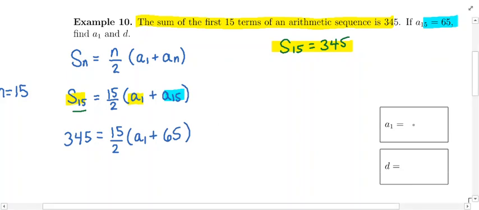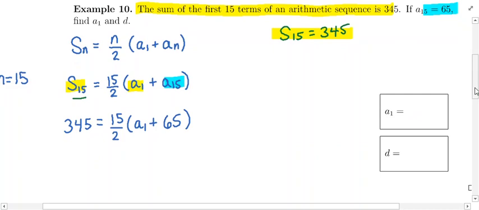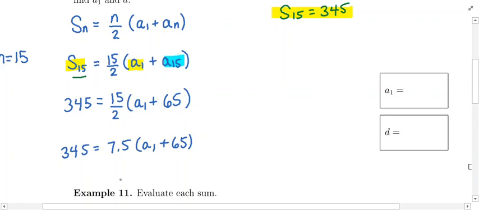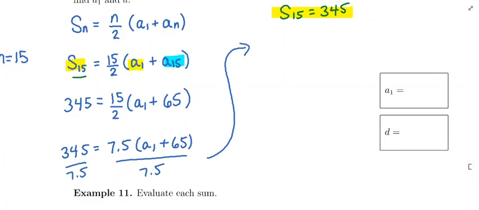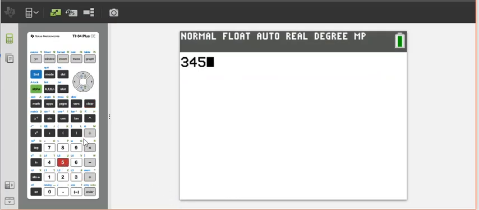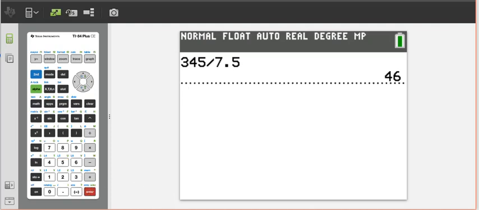All right, so let's get A1 by itself. This is going to be 345 is equal to 15 halves, which is 7.5, times A1 plus 65. I am going to start by dividing both sides by 7.5. 345 divided by 7.5 gives us 46.